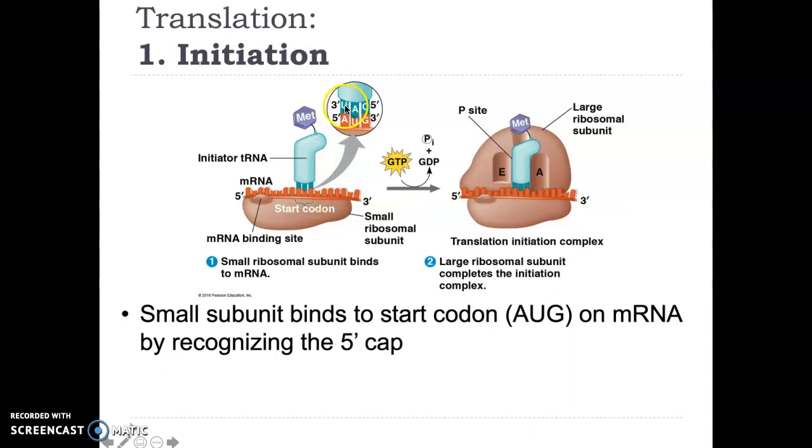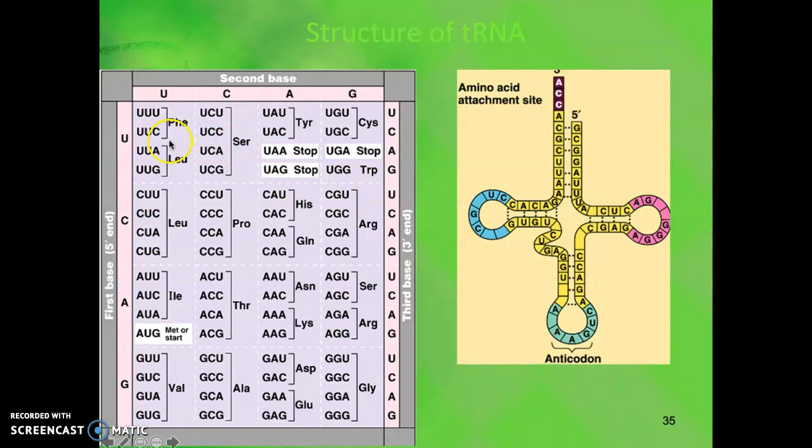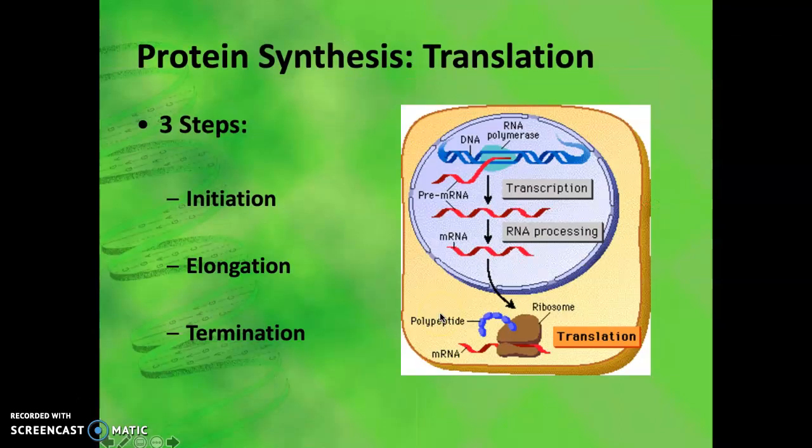The tRNA that has UAC as an anticodon will come in, and it will bring the amino acid that codes for AUG. Now, AUG is on mRNA. Remember, the codons code for amino acids. So if I go back up here into my chart, I can find AUG, and that is the amino acid methionine.